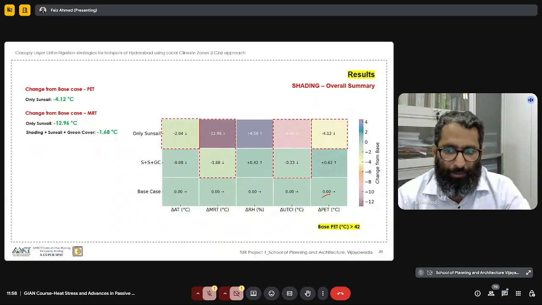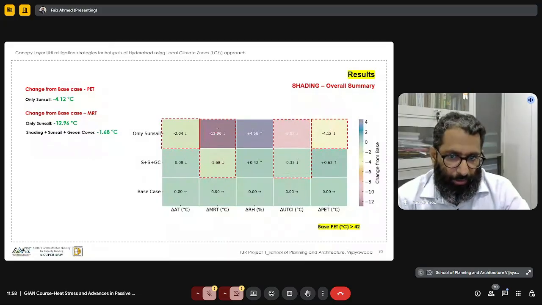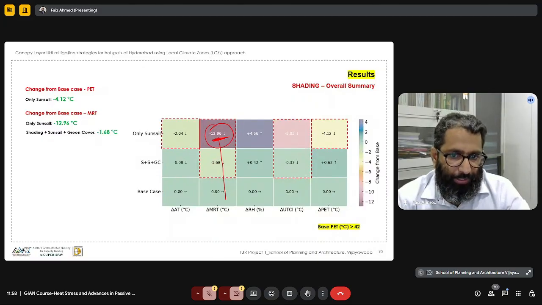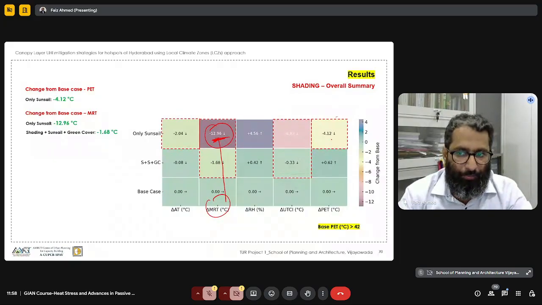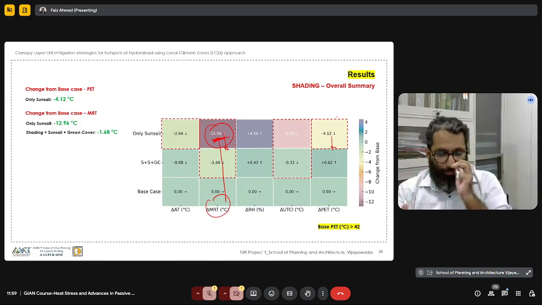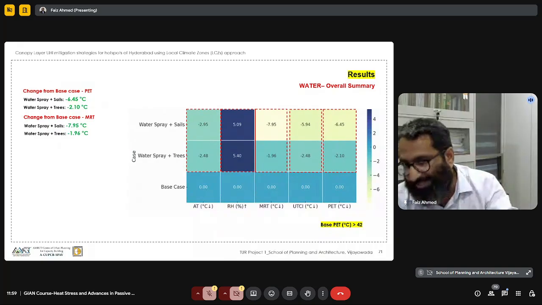Since we are using PET value, we are trying to discuss only the PET values here. Another thing to keep in mind is that it also brought down your MRT value by a significant number. It's not only improved your PET value, it also brought down your MRT value. So this is for the shading strategy.